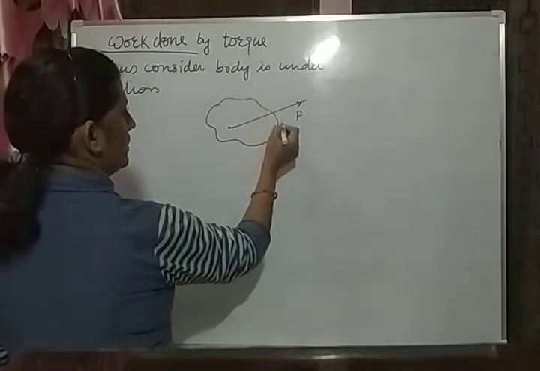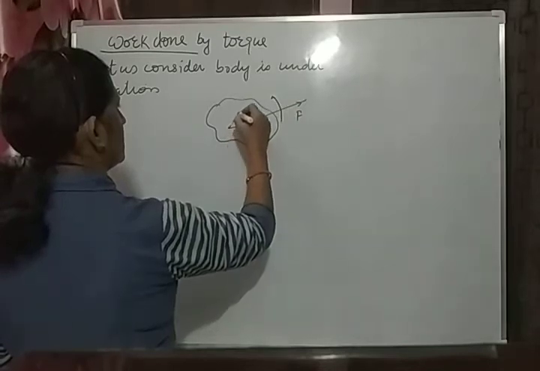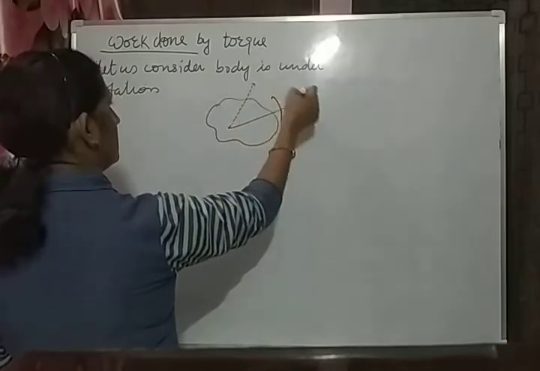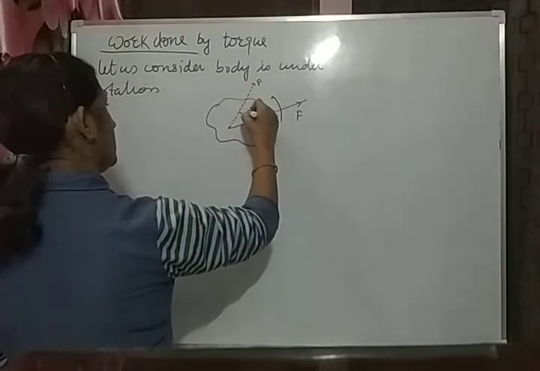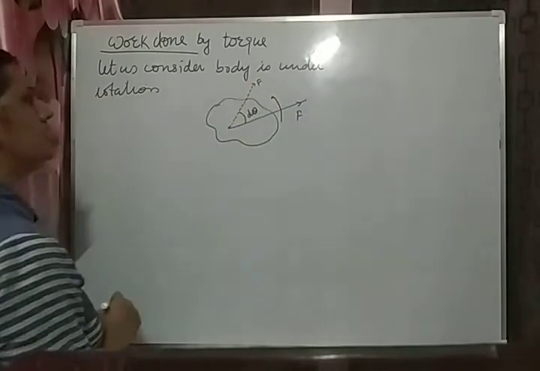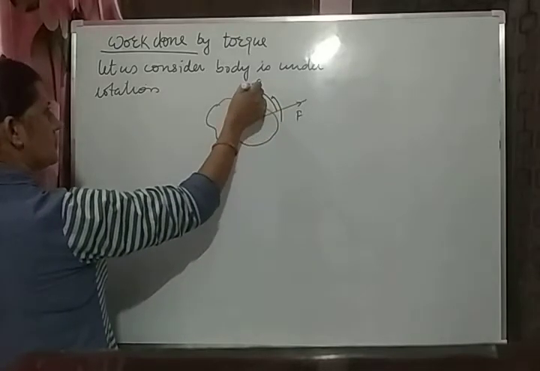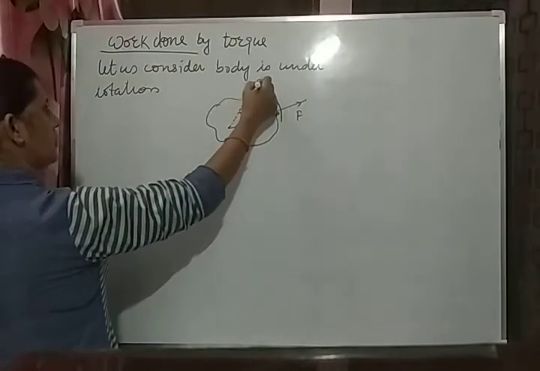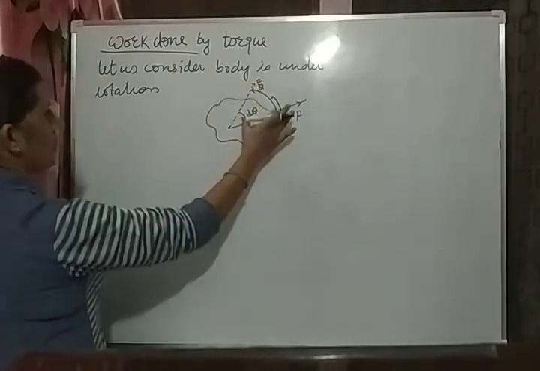Now this is given an anti-clockwise rotation, and after some time the arm of this force is here, and this is having angle d theta, and this is the total displacement. This is P and Q, the arc PQ travelled by this arm.